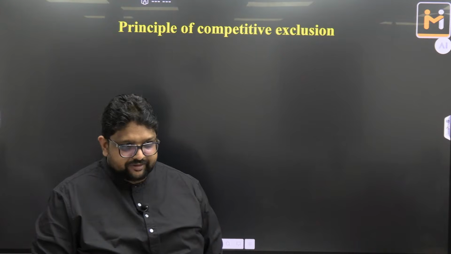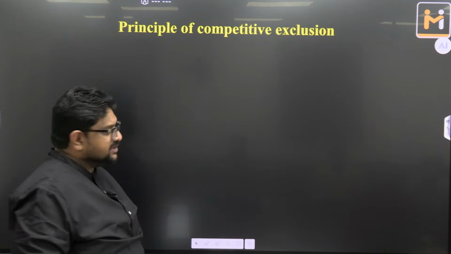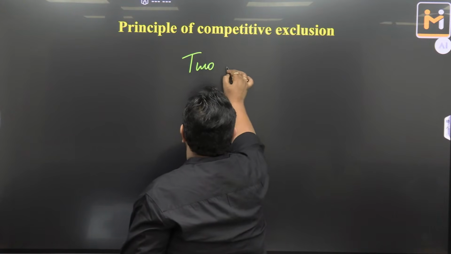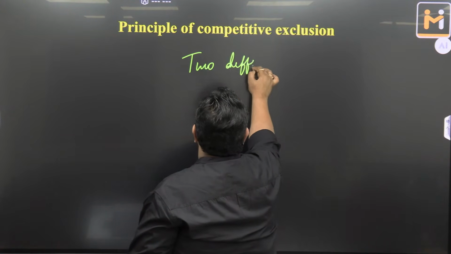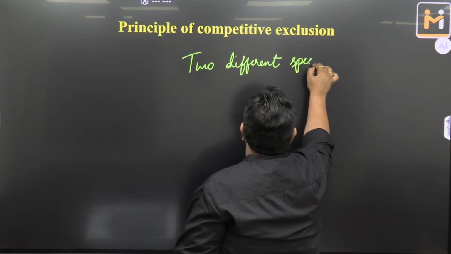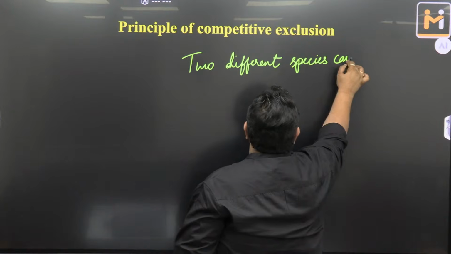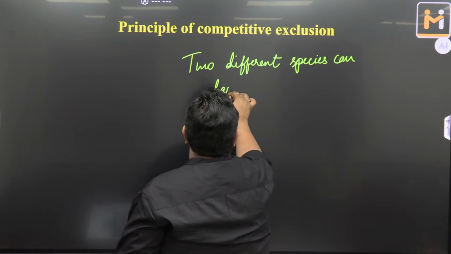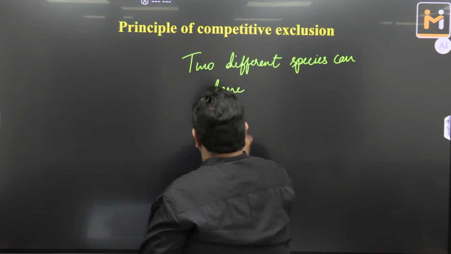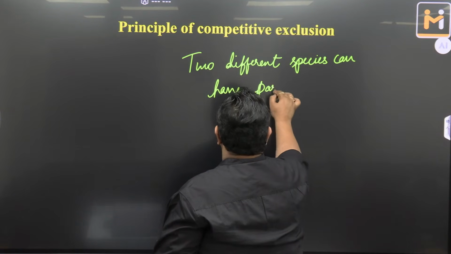Okay. So, two different species can have partially overlapping niche.